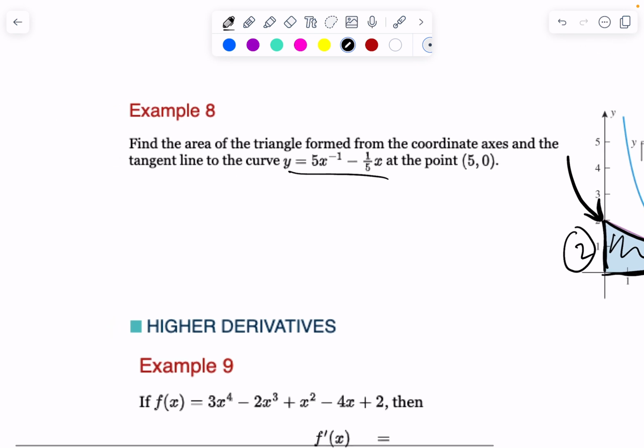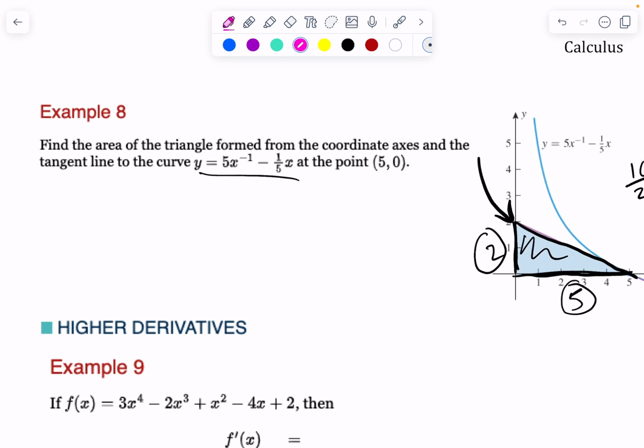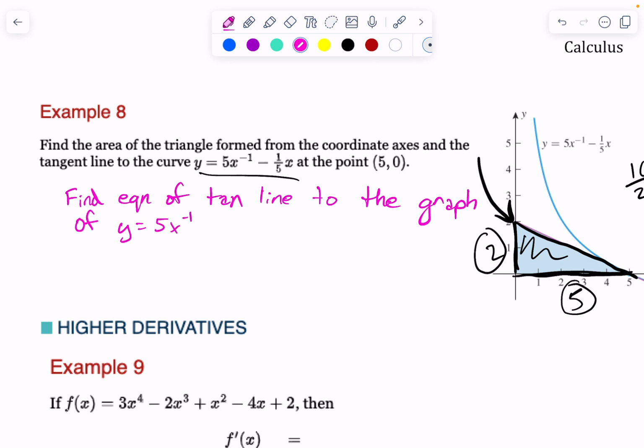And instead of finding the area of the triangle, because I think they were wanting us to do this originally, we're going to find the equation of the tangent line to the graph of y equals 5x to the negative 1 minus 1/5 x at the point (5, 0). We're going to find the equation of the tangent line.